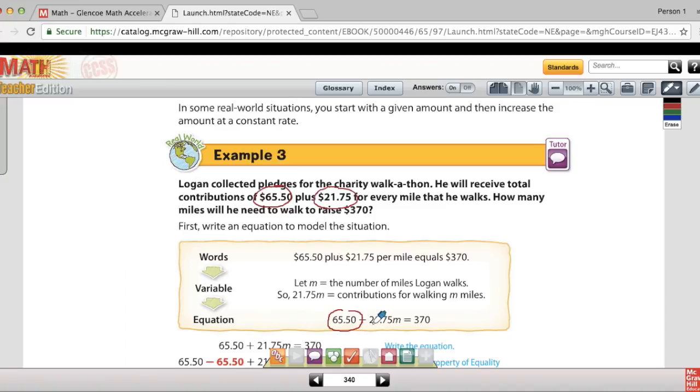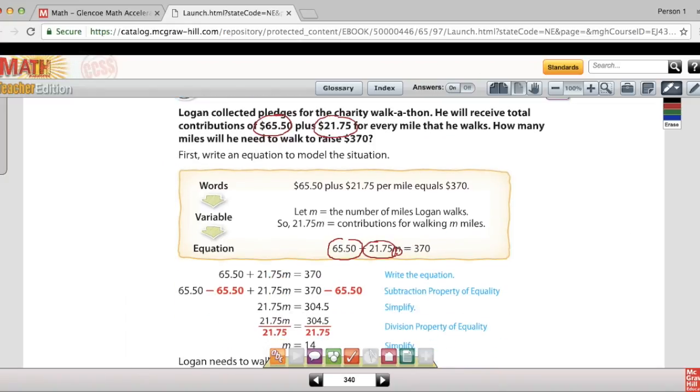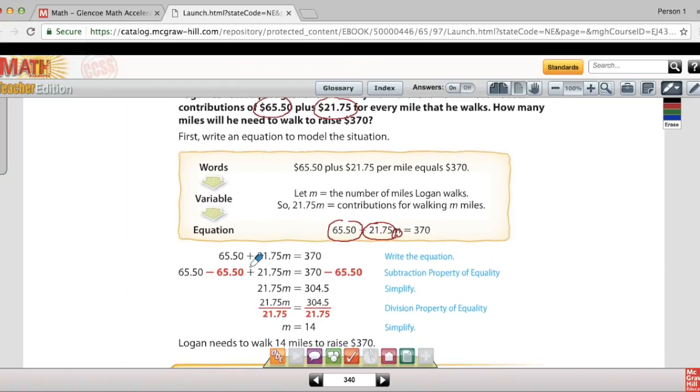Oh, I'm sorry, take that back. $65.50 was the contributions, and then take away what he earned per mile to find out what he had walking in miles to get that extra amount there. So 65.50 plus 21.75m equals 370, minus 65.50 from both sides, and then divide by 21.75 to find out that he walked 14 miles.